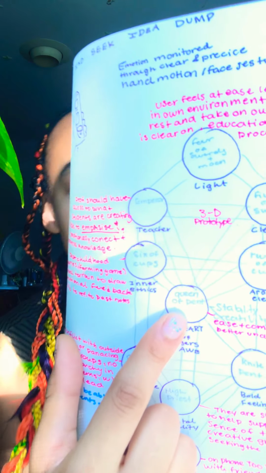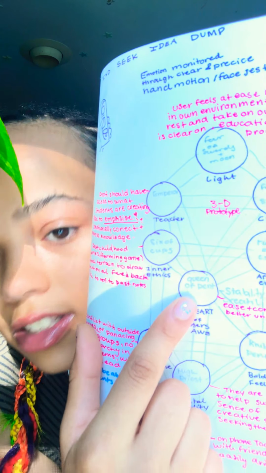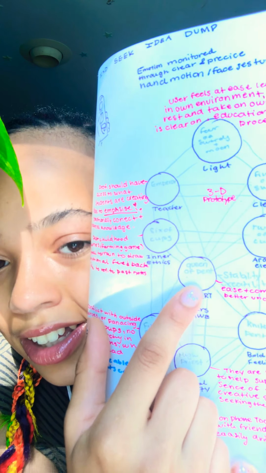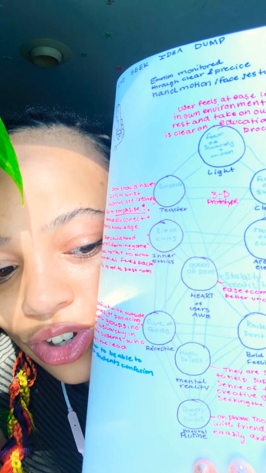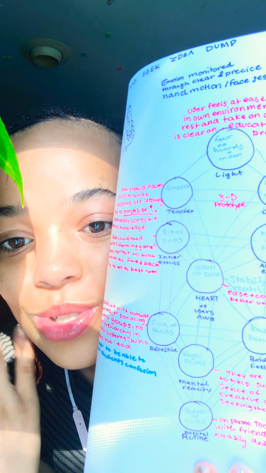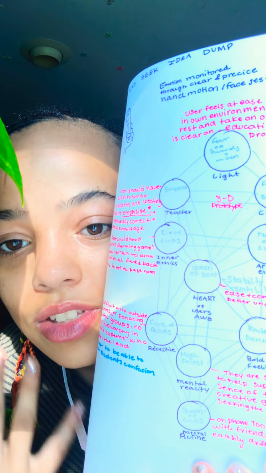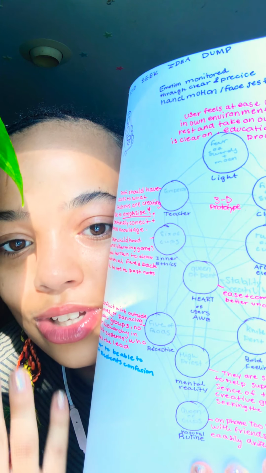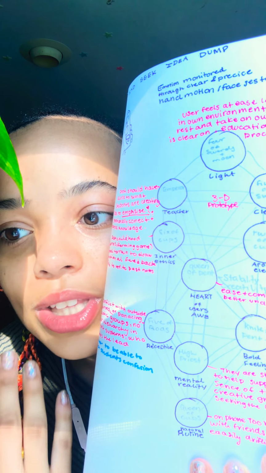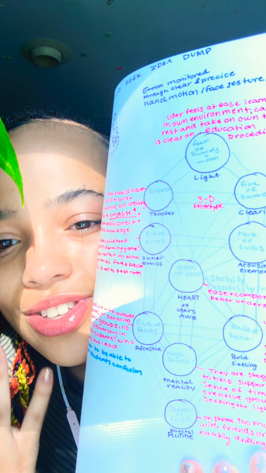And number 6 is the user. This is the aha point of the user. This could be how the user views themselves. This could be what the user is looking for, what the user wants to feel with your product.